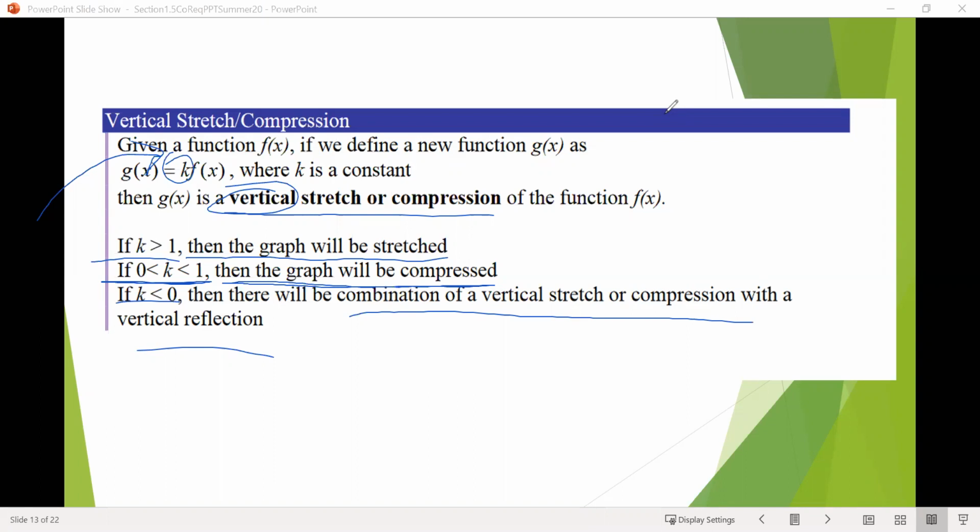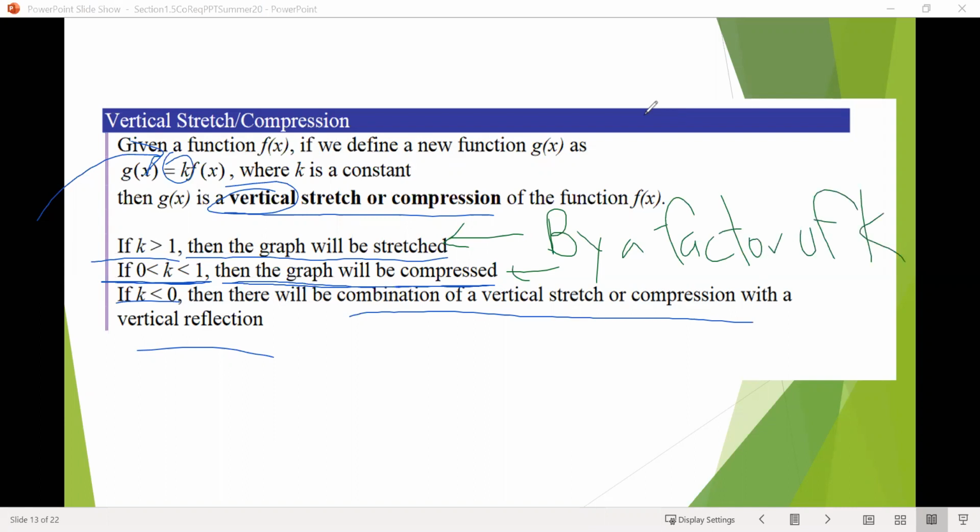And to say a little bit more about those stretches or compressions, they also happen by a factor of k. What do I mean by that? Using the example we were just looking at, we had the original function f of x equals x cubed. One of the points on that function was (1, 1).